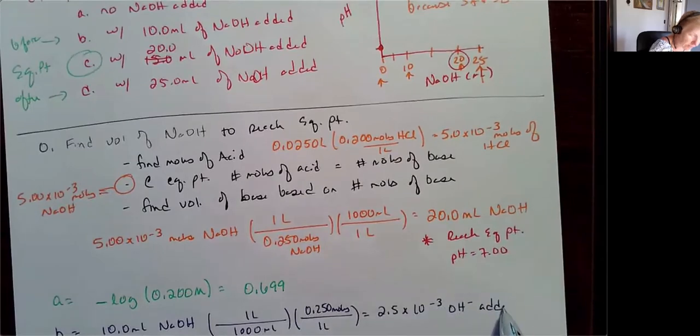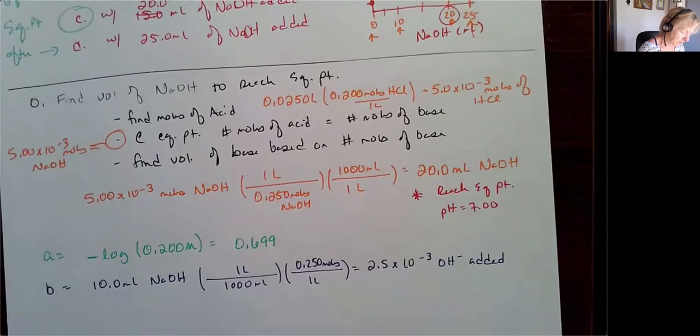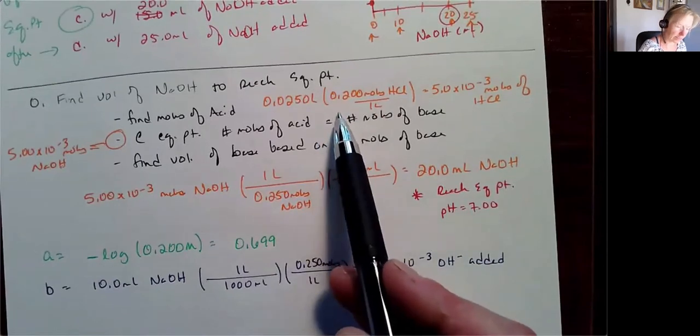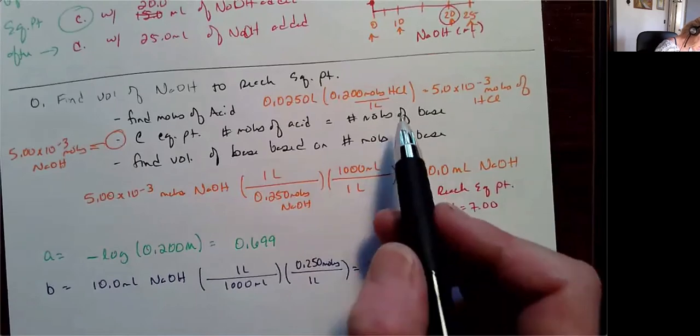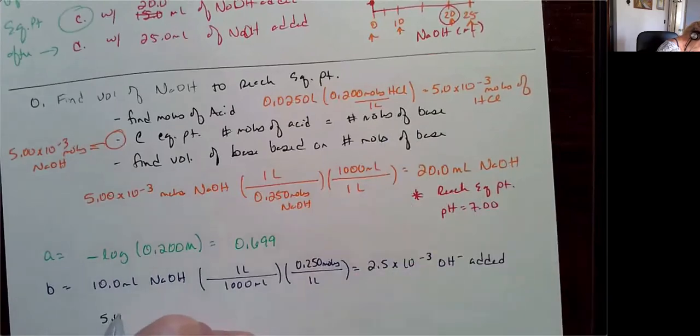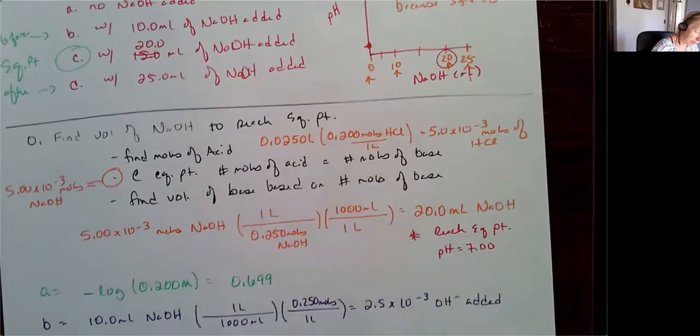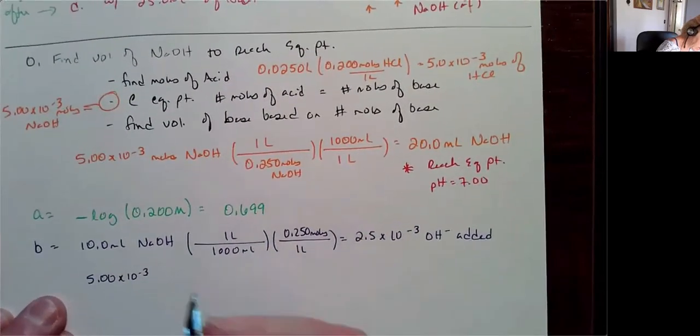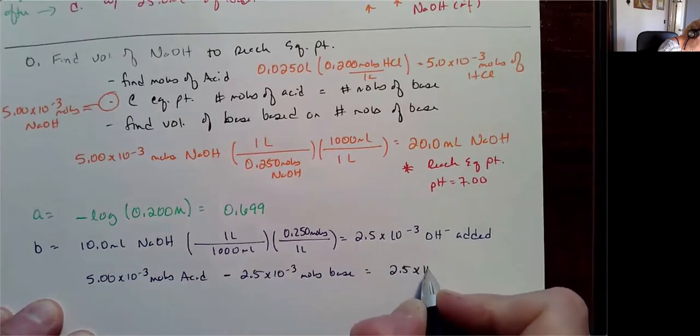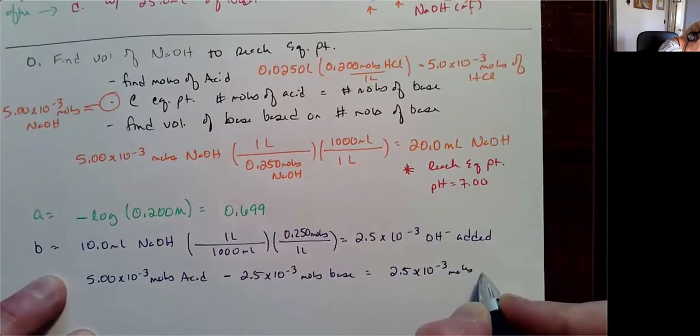This is how much I've added to that solution. That means this is how much sodium hydroxide is going to react with my acid. So if I want to know how much acid is going to be left over, I'm going to take my initial moles of acid, which I calculated up here, and subtract the number of moles of base that I've added in. 2.5 times 10 to the minus 3 moles of unreacted acid still in my solution.